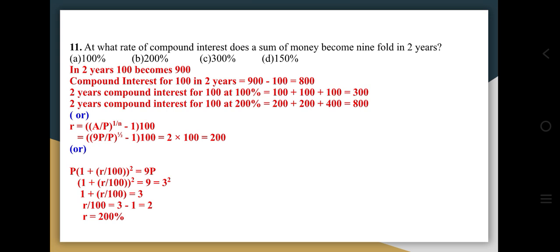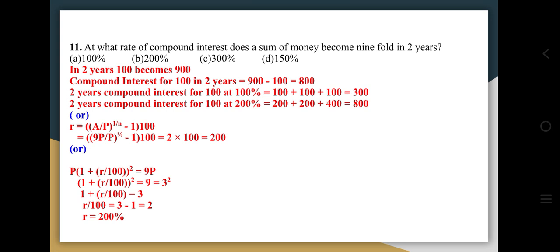But the other way is, the interest rates in the choices given are 100, 200, 300, 150. So the interest rate is very high, so we should not calculate simple interest. We have to actually calculate the compound interest. So we assume the principal amount is 100.